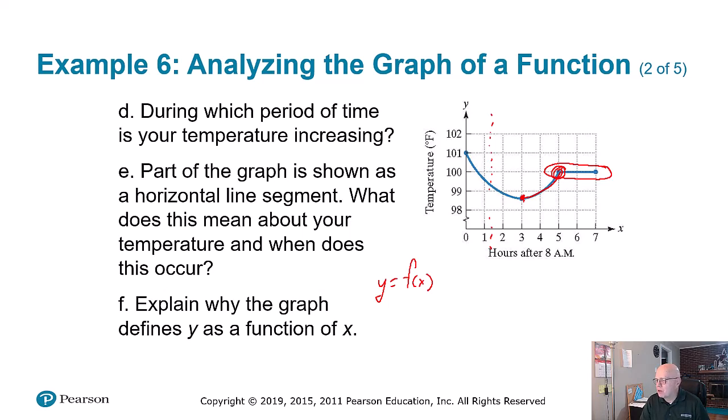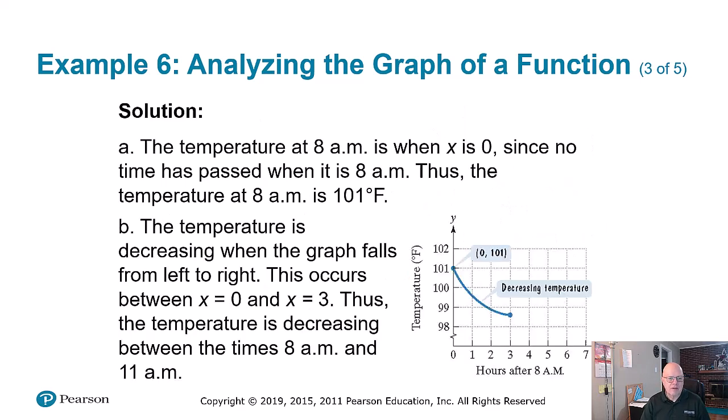Your temperature. That means that at any point after 8 a.m., you have one temperature. You don't have two temperatures at the same time. Well, that makes sense, right? Your temperature is a function of what time it is during any particular day. You can only have one temperature when you take the thermometer out.